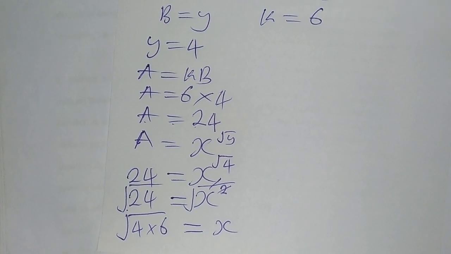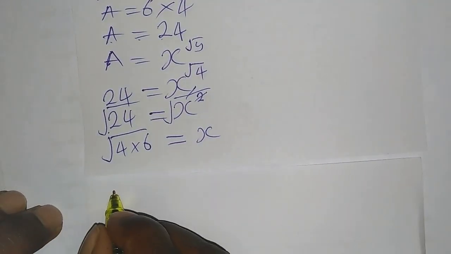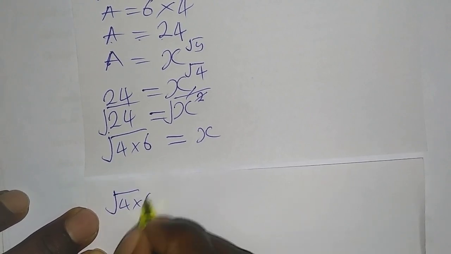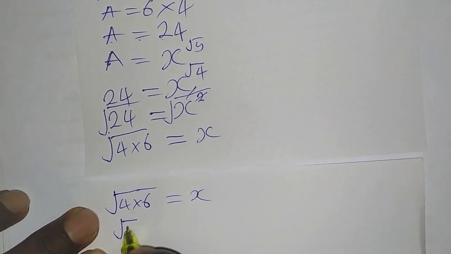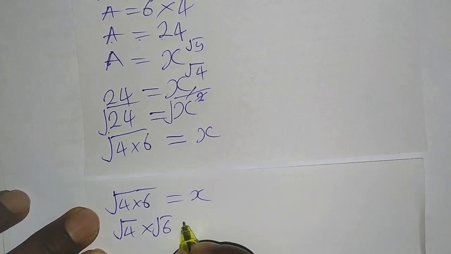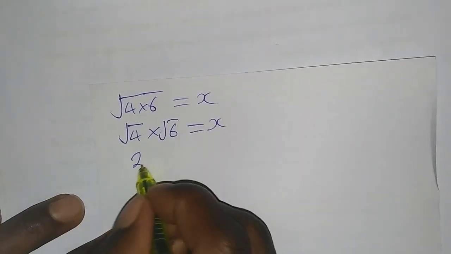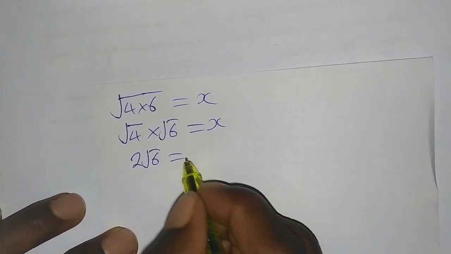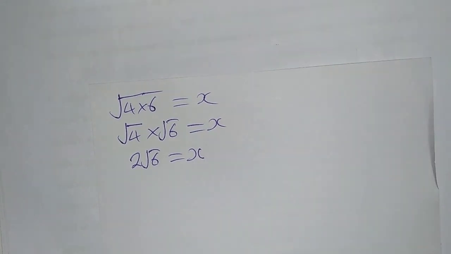So we have the square root of 4 multiplied by 6 equal to x. This is the same thing as the square root of 4 multiplied by the square root of 6 equal to x. And this is the same thing as 2 root 6 equal to x. Now, this is the third value of x.